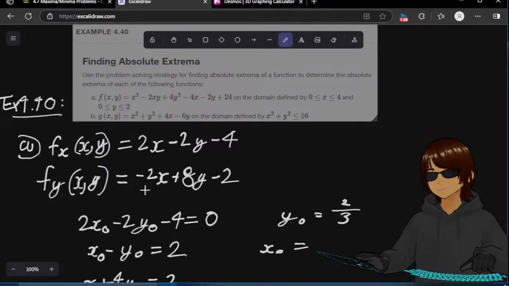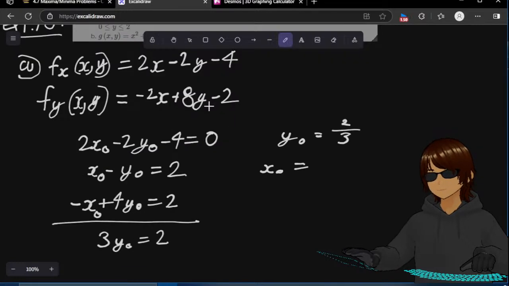Okay, and then we have minus 2x plus 8y minus 2. If this is equal to 0, then 2 minus 2 minus 4, you have 1, 1, 2.